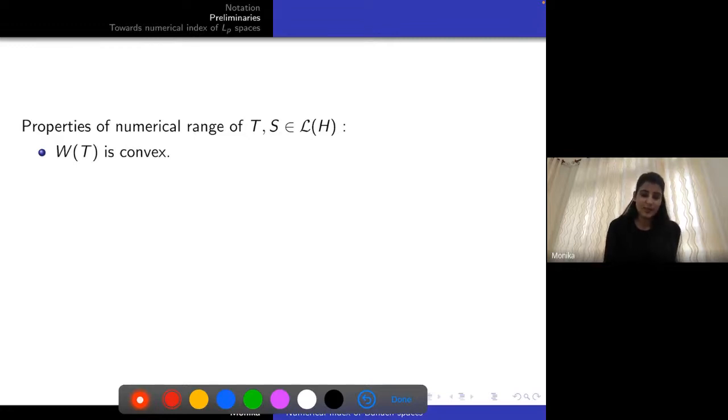Moreover, the spectrum is contained inside the closure of the numerical range. It means we can get the bound of the spectral radius easily if we have knowledge of the numerical range of that operator.